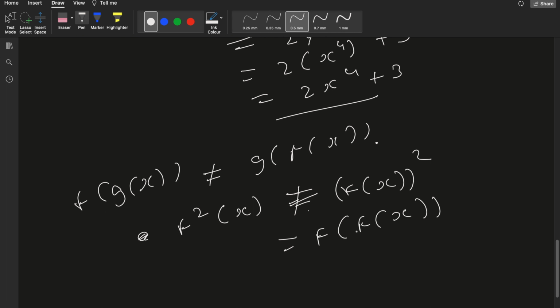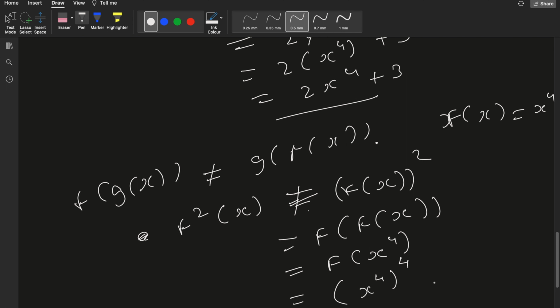We could find this in this case because we will take f of x equals x to the power of 4. So this would be f to the power of 4, and this would be to the power of 4, which is x to the power of 16.